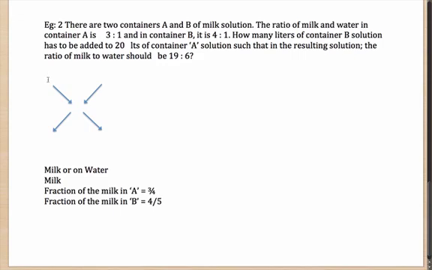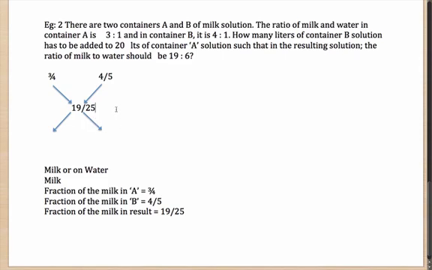So we are mixing 3/4 with another container that has milk in the ratio of 4/5. And what do I want as the result? I want the result as 19:6, or the fraction of milk in the result is how much? It is not 19:6, it is 19 divided by 19 plus 6, or 25. So I get 19/25 here.